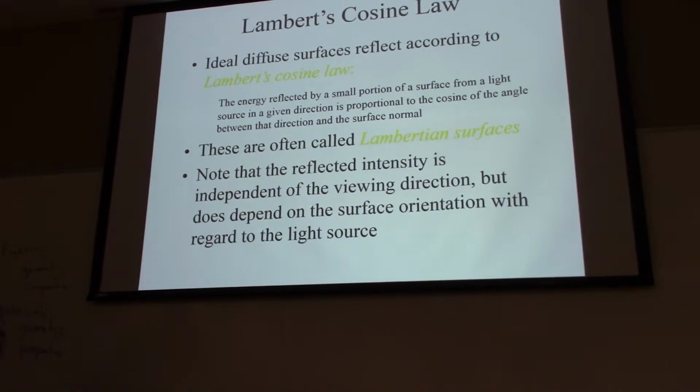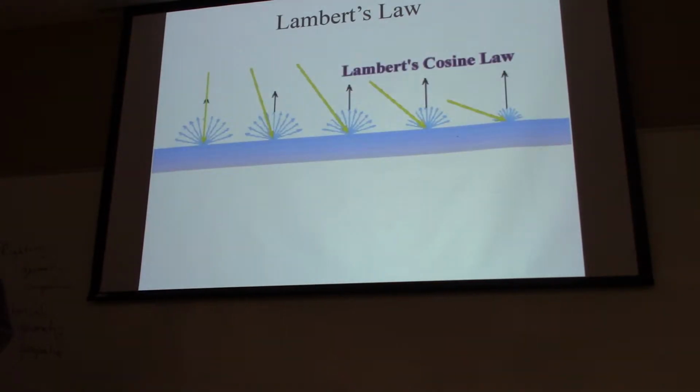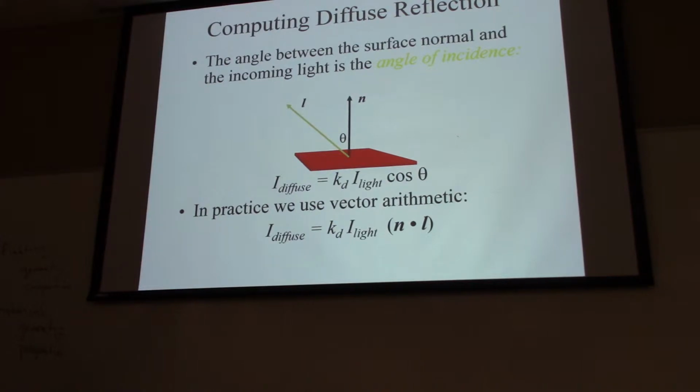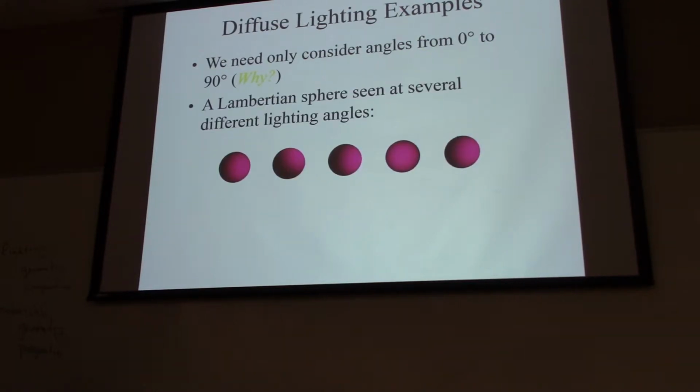And it explicitly does not depend on where the viewer is. It only depends on the light source and the surface normal. And there's the geometry of it, so it's basically the dot product between the surface normal and the direction to the light. And here's some examples of it.